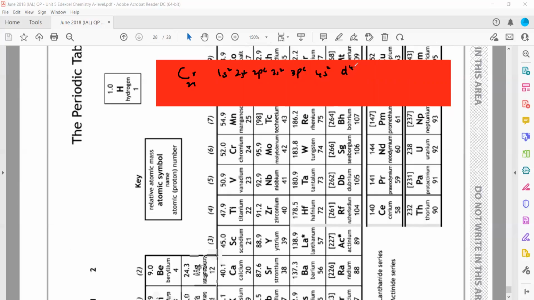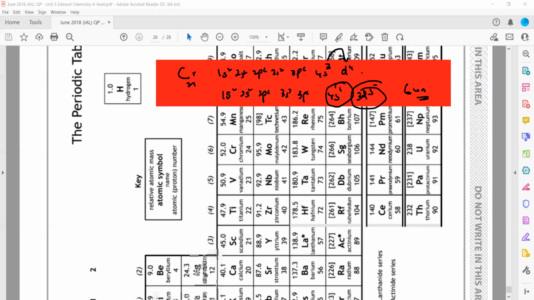Now, what happened? Half-filled orbitals are more stable. So especially for chromium, one of the s electrons jumps to d. Now the configuration has changed to 1s2, 2s2, 2p6, 3s2, 3p6, 4s1, and 3d5. So how many unpaired electrons are there for chromium? 1 in s and 5 in d, so a total of 6 unpaired electrons.